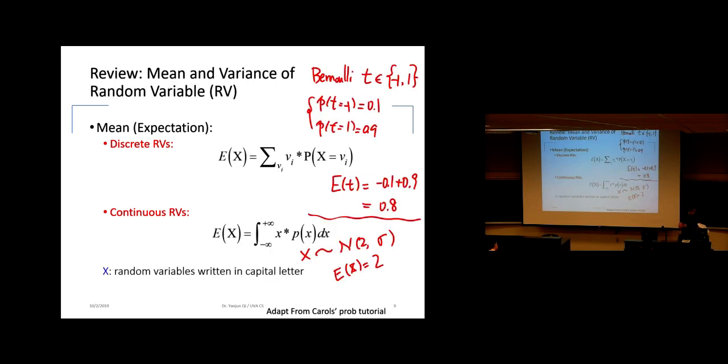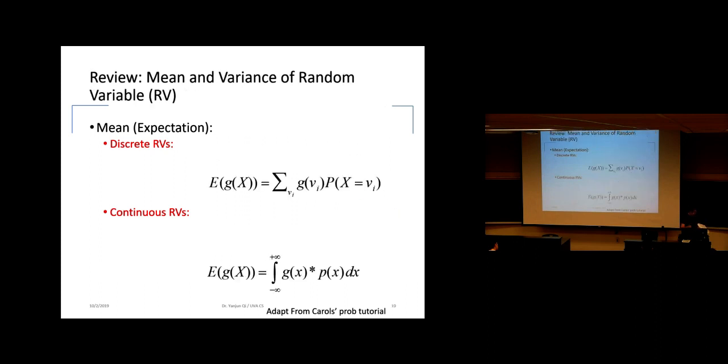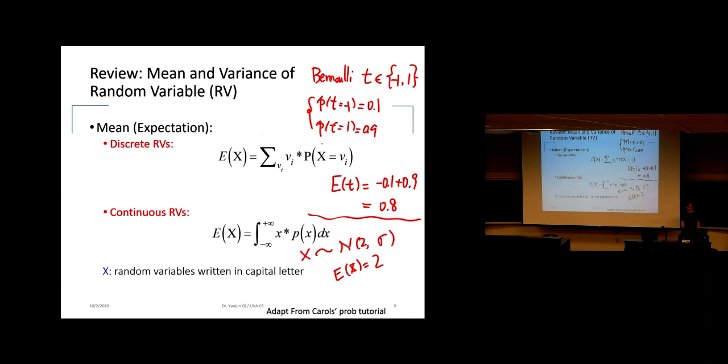So assuming the t, now I care about 2t. So what is my expectation of 2t? Is it like 1.6? So my t is -1, 1, with probabilities 0.1, 0.9. Now what should I do?